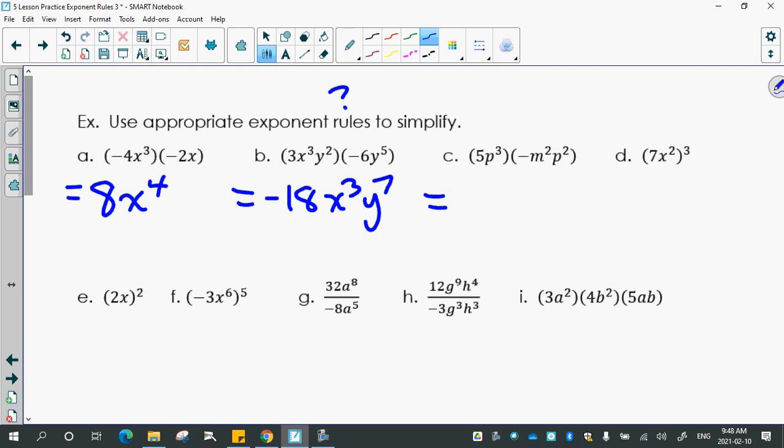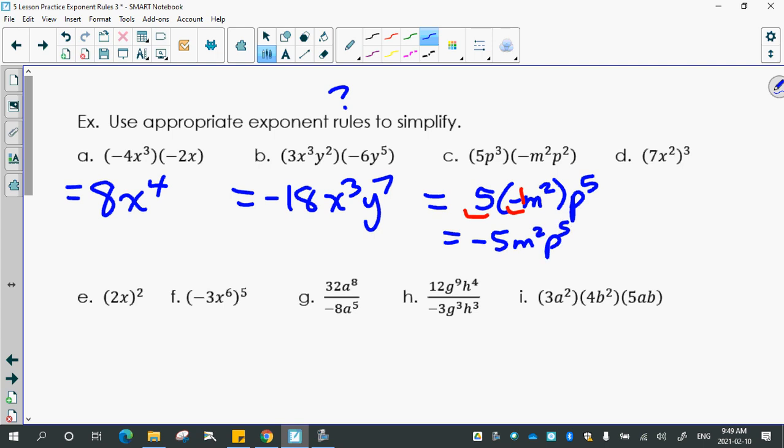10 to the power 2, p to the power 5. Okay, I like that. It's not quite simplified. That's correct, but that's really a -1 there. So you can multiply the 5 by the -1 and get -5m squared p to the 5th.